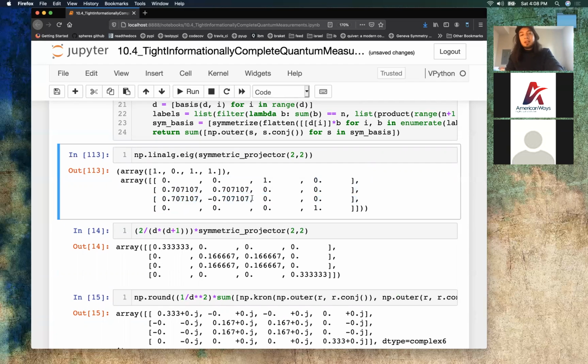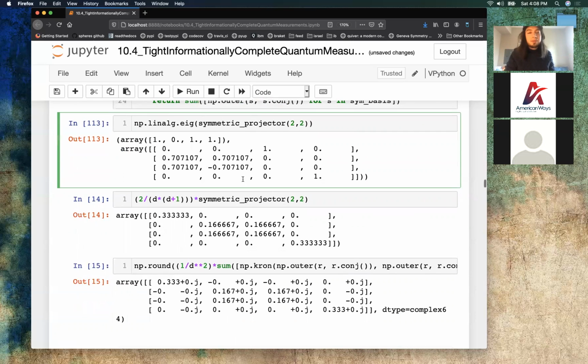The columns here are the possible states. And you notice the eigenvalues are either 1 or 0. And the only 0 is for this state, which is the anti-symmetric state. So these 3 remaining are permutation symmetric. So indeed, this is a projector onto the symmetric subspace.